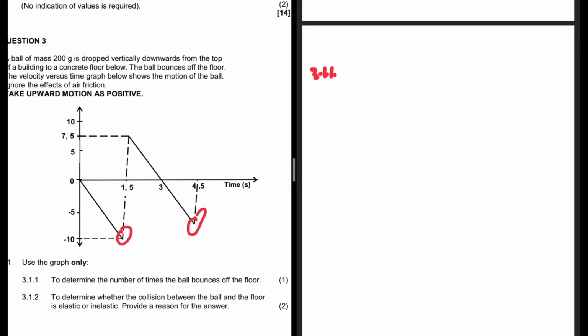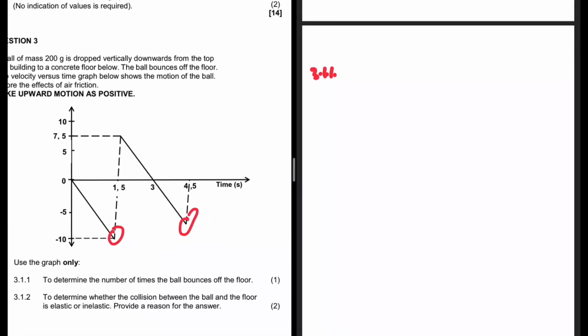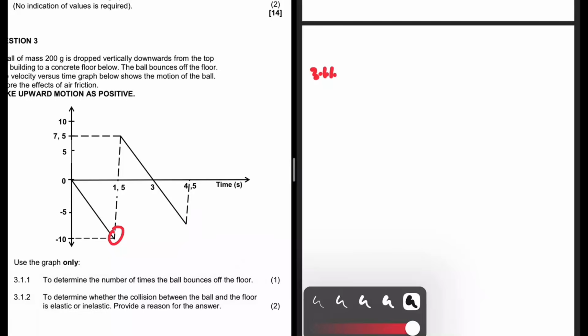After it strikes the ground for the second time, it does not bounce off. It remains on the ground. So clearly, the number of times it bounces off the floor is 1. It only bounces off the floor 1 time. That is the answer there.